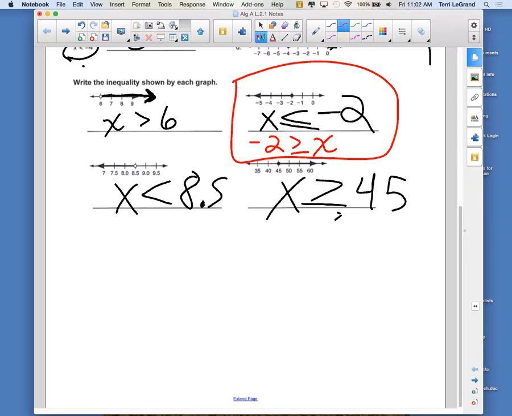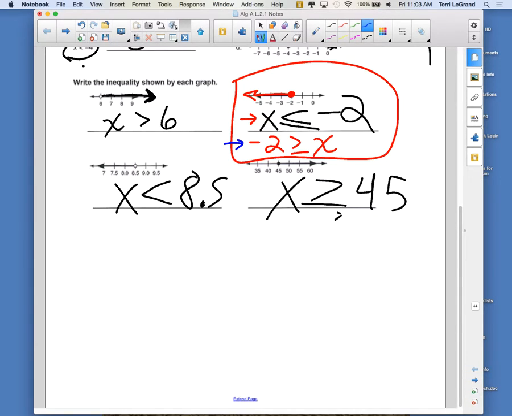-2 is greater than or equal to X. Remember, what words can we replace X with? The shaded region, the shaded part. Anything that is shaded. So, do you think we could write it this way? Okay, here's how we could check it out. This one says the shaded region has to be less than, or equal to, -2.